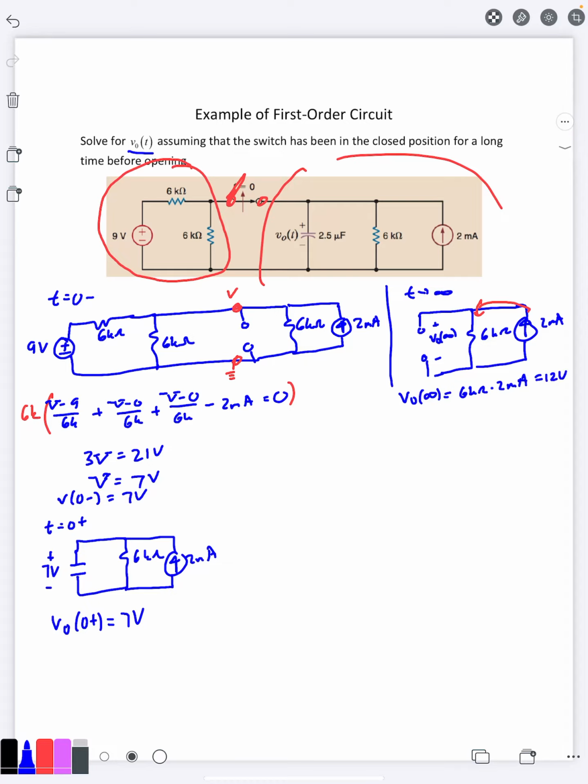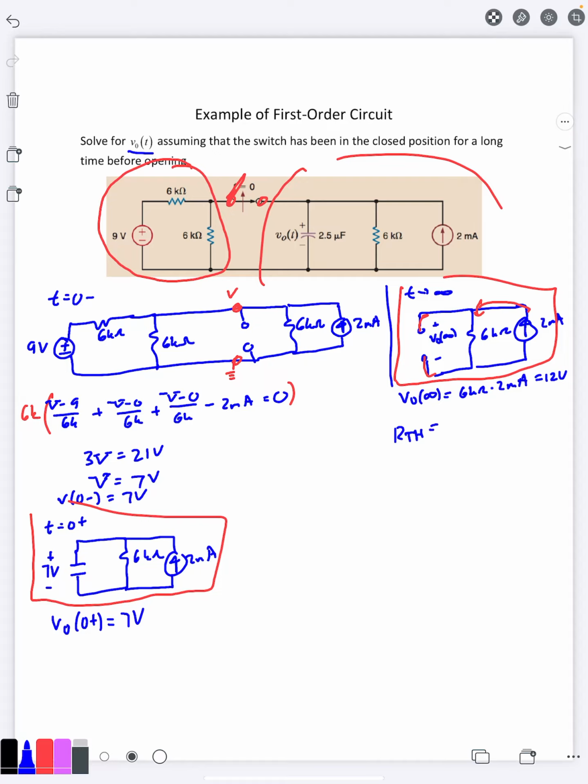Last thing we need to do is figure out our time constant here. So it's important to note that the time constant is for the part after the switch happens. After the switch happens, you can either look at the 0 plus circuit or the infinity circuit and ask yourself, what is the R Thevenin from those two nodes at the capacitor? Well, an independent source is not going to affect the R Thevenin, so we just have the resistor there.